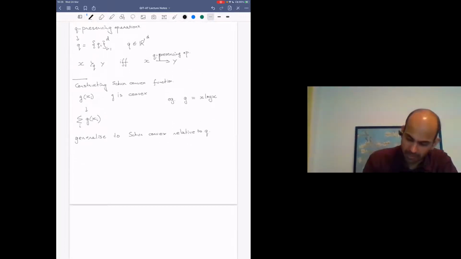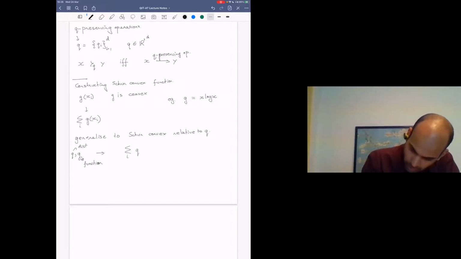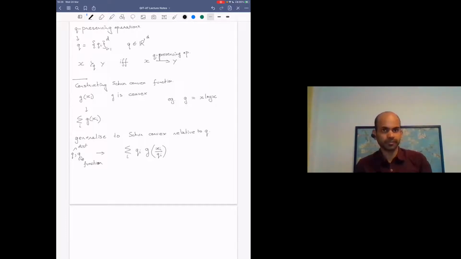But the way to construct them is the following. If I'm given a Q and a g, so I'm provided a Q, this is a distribution, remember, and a g, this is a function, then I construct the following function. I take the sum over i of qi times the function, but not on xi alone, but on the ratios xi over qi.